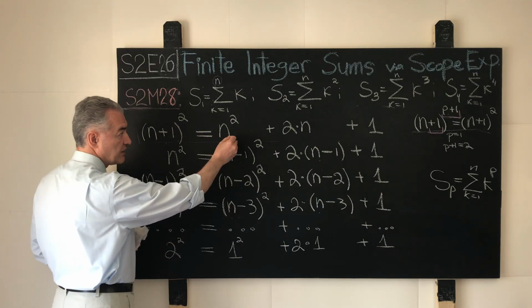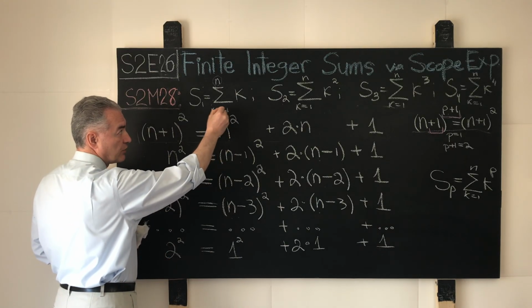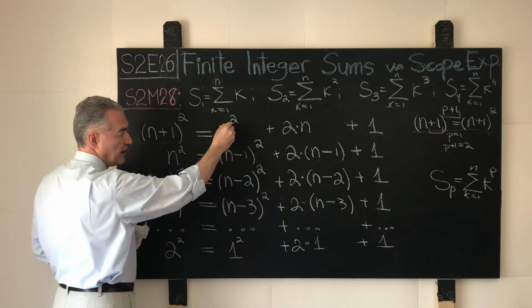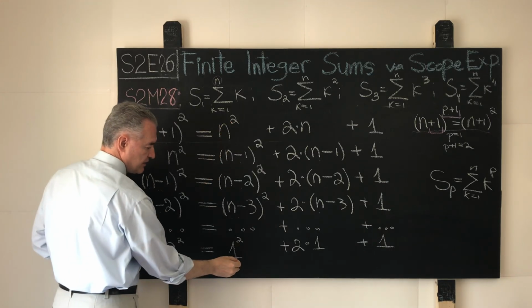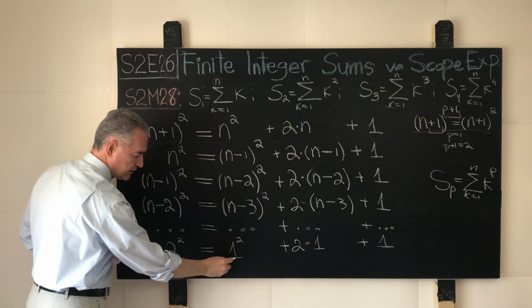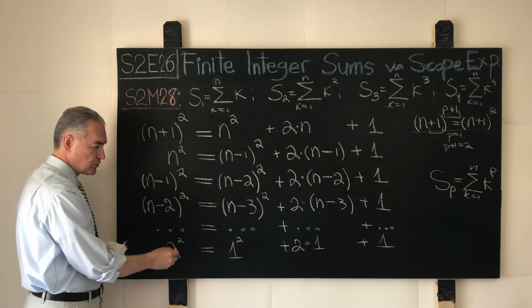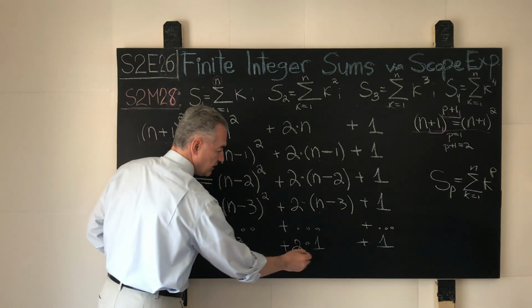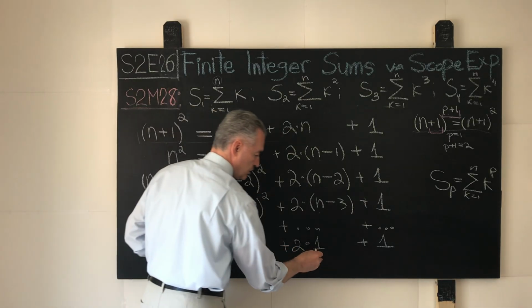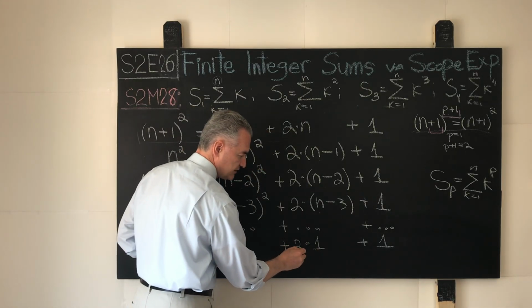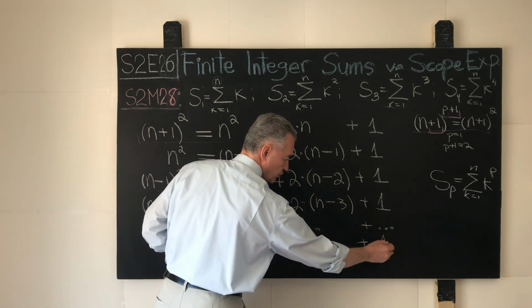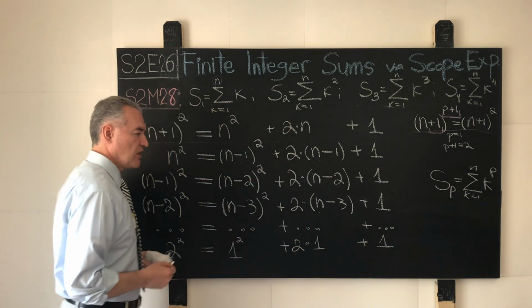Well, evidently when n reaches 1, so k equals 1 corresponds to n equal to 1, and this is our material over here, 1. On the left hand side we will have what? We will have 2 squared, and consequently we'll have again 1 attached to 2 as a factor, and plus 1 summand will survive unchanged.